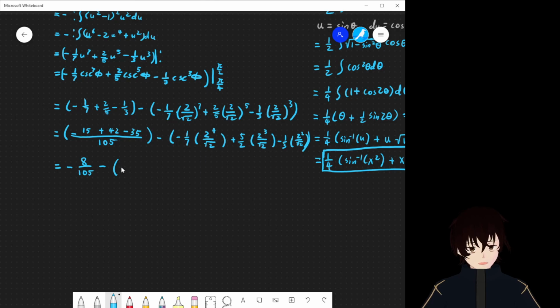Let's take the 2 out. Negative 4 over 7 plus 5 minus 1 over 3 times 4 over root 2. If we multiply by root 2 on top and bottom, that would be 2 root 2.